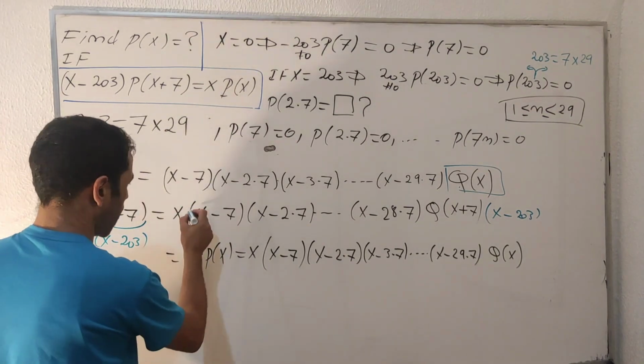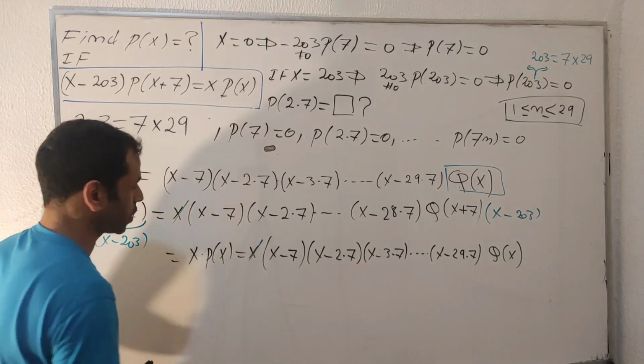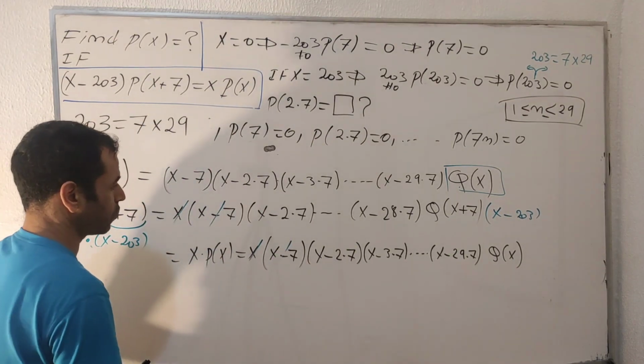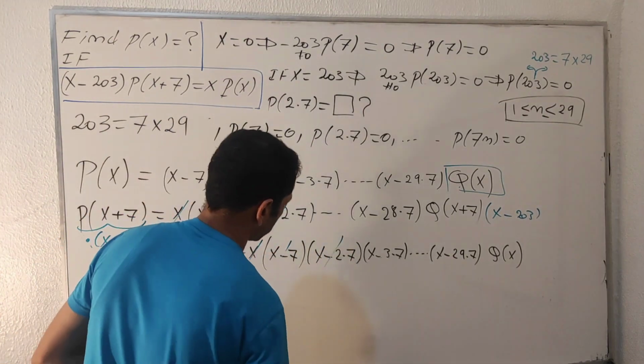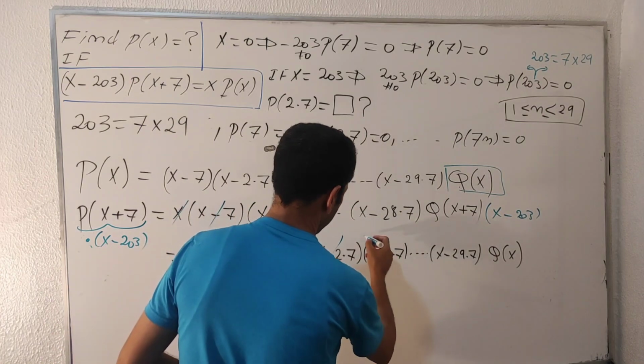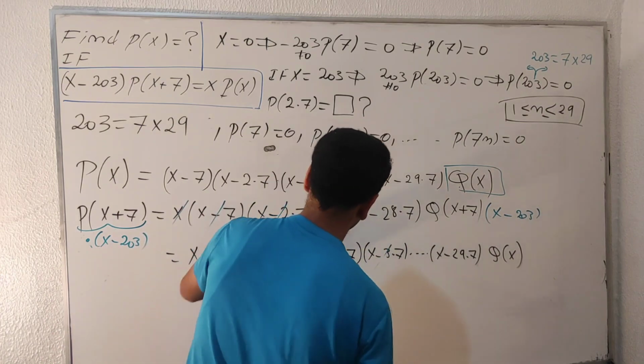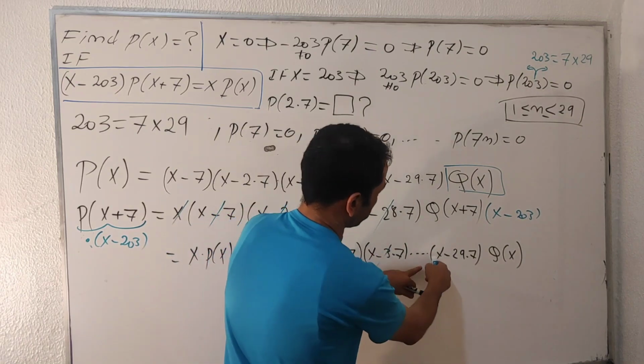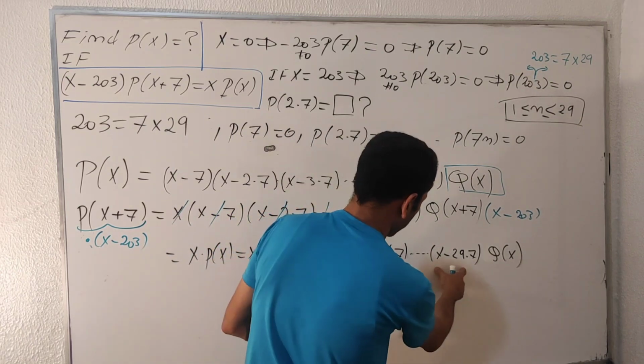Okay, now a lot of stuff is going to be cancelled out. So this x is cancelled out with this x. My x minus 7 will be cancelled out with x minus 7. This one will be cancelled with this one, this one with the next one, and all the way down, each one is cancelled out with the one before it.